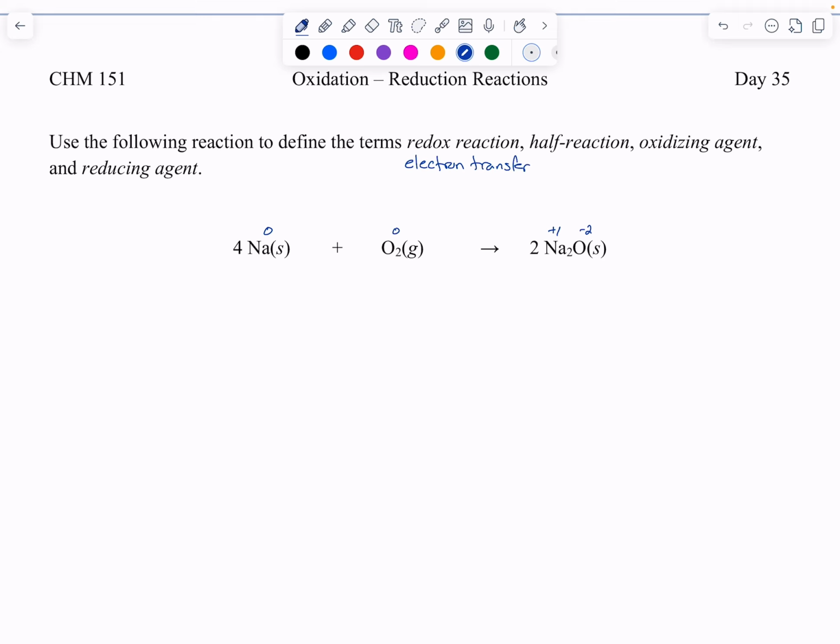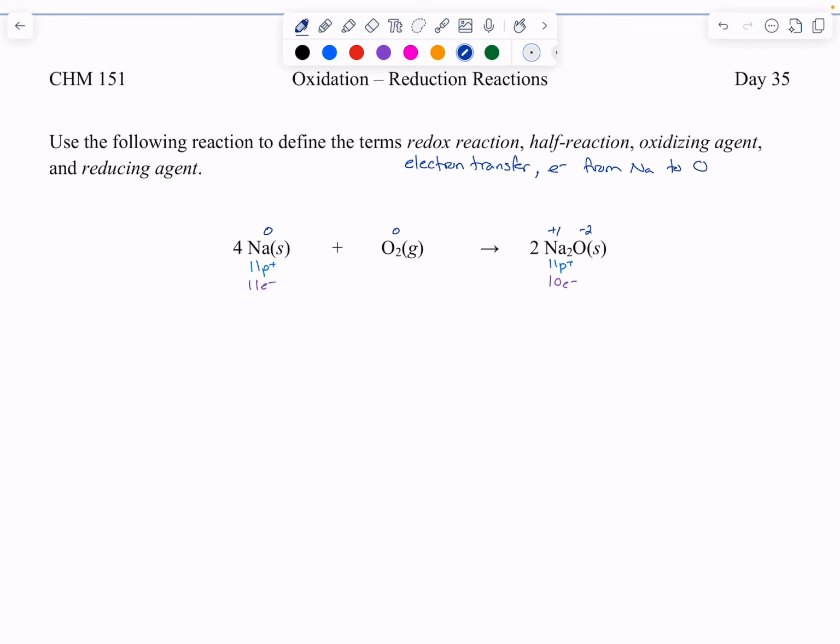Now, where are the electrons going? Again, I have 11 protons and 11 protons. 10 or 11 electrons and 10 electrons. Right? And so electron transfer, right? Electrons from sodium to oxygen.